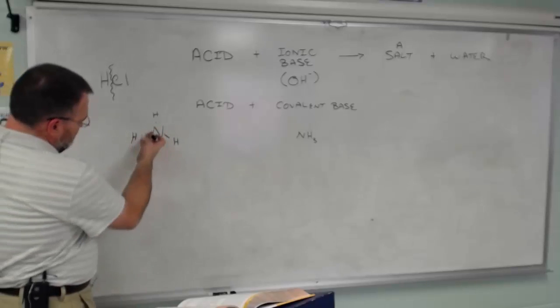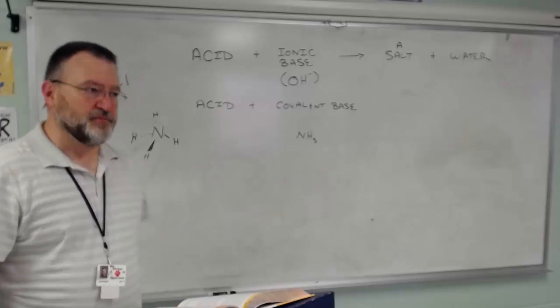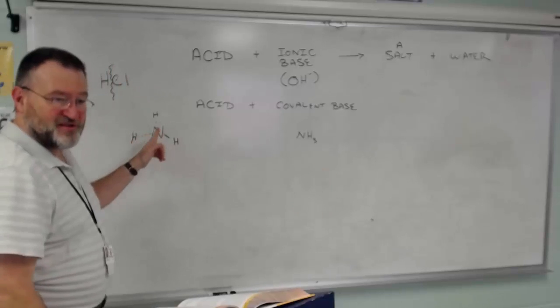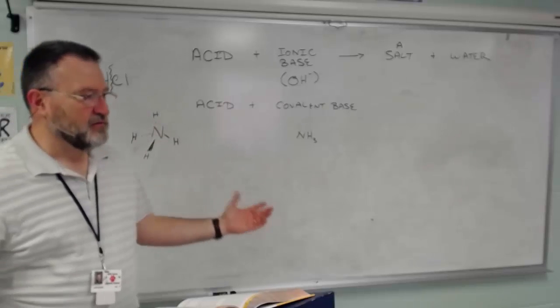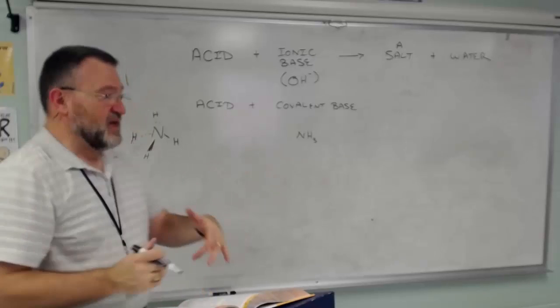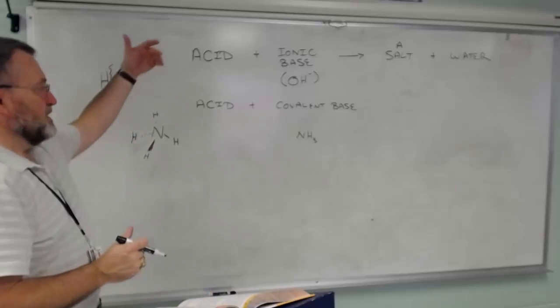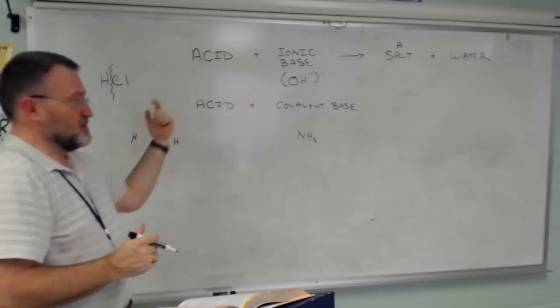So it's going to be now 2, 2, 2. This hydrogen sees 2. Its octet's full. The nitrogen, what does it see? 2, 2, 2, 2. Its octet is full and it's satisfied. And that's what's going to be taking place when we have a covalent base reacting with an acid. We're basically going to be adding a hydrogen to the covalent base.